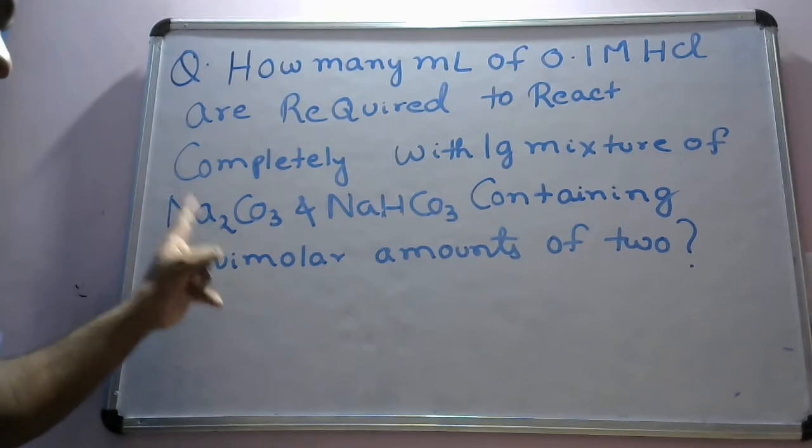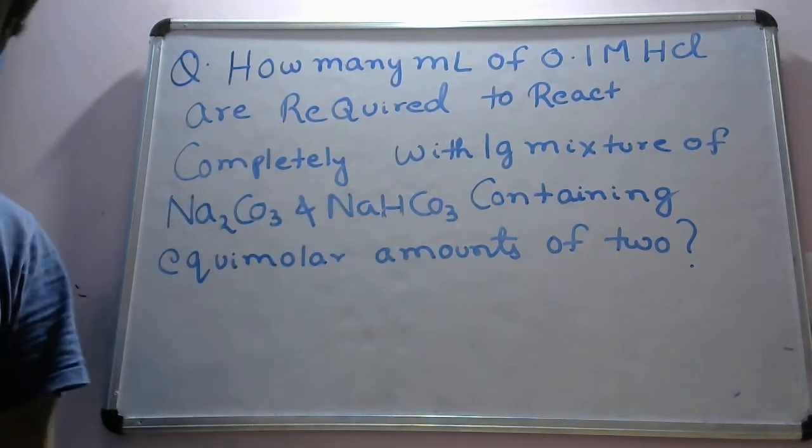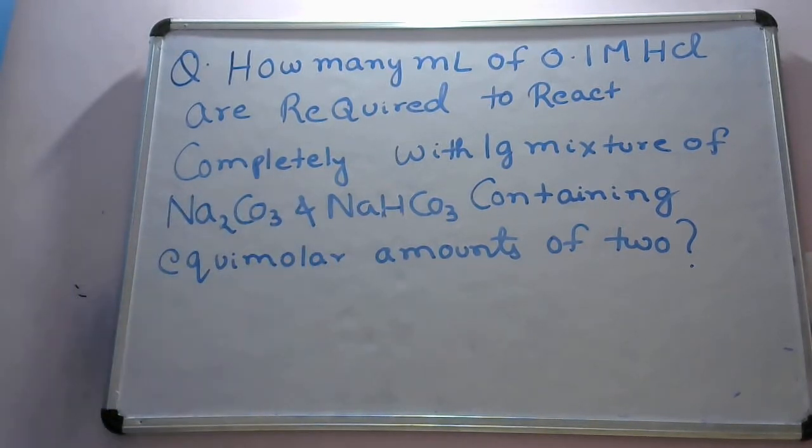Number of moles of Na2CO3 and NaHCO3 separately we have to find out. Second step will be to calculate the moles of HCl required to react with them. And third step will be to calculate the volume of 0.1 molar HCl. So let us proceed.